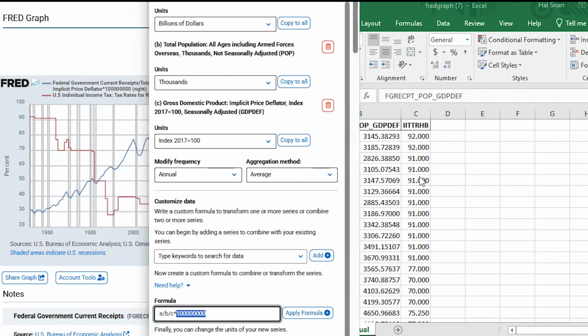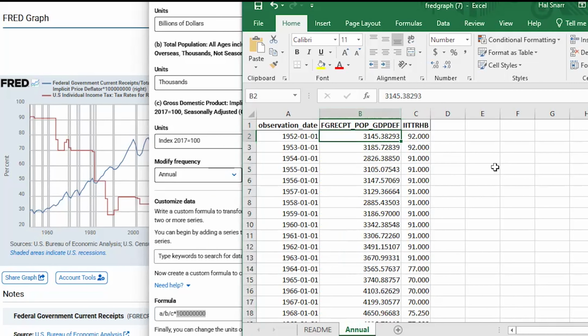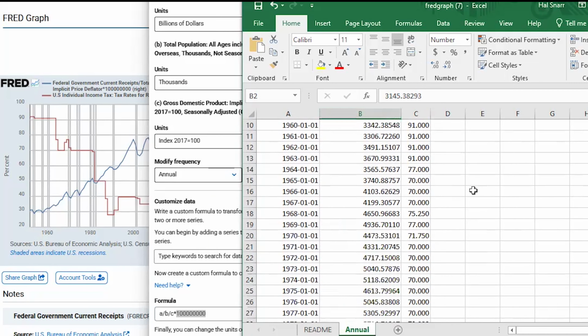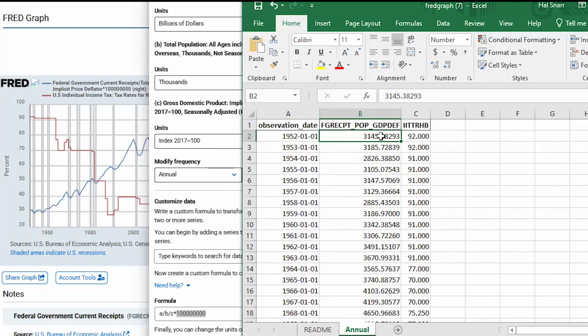And so you end up with thousands of dollars per American in column B. So in 1952, this number is adjusted for inflation, and these dollars are in 2017 dollars. The average American paid $3,145. In 2018, the average American paid almost $11,000 in federal income taxes. Then in column C is the top marginal tax rate. Right now, the top marginal tax rate is 37%, which is why down here this is 37.